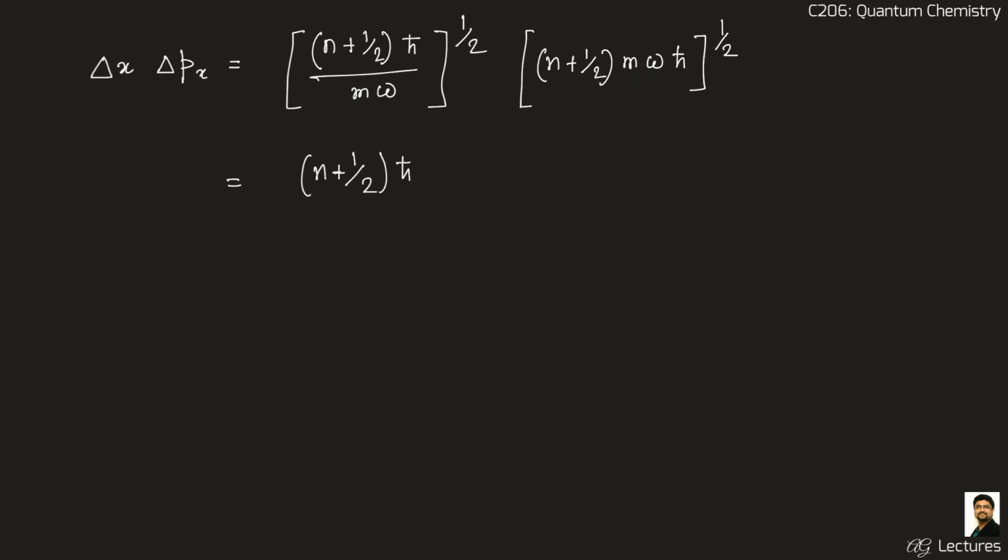And this simply means that the index n goes as 0, 1, 2, etc. So for n equals 0, which is the ground state, we get h cross by 2 exactly. So for the ground state, delta x delta px is equal to h cross over 2.